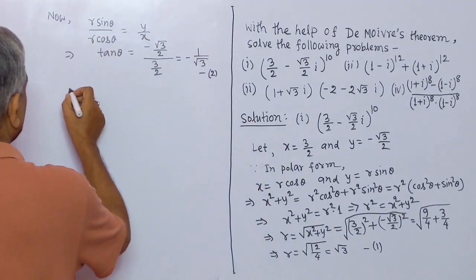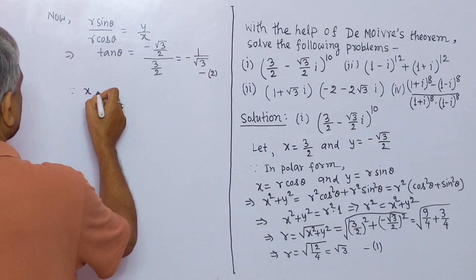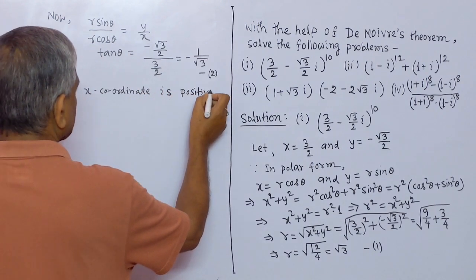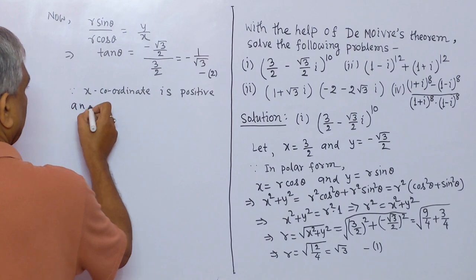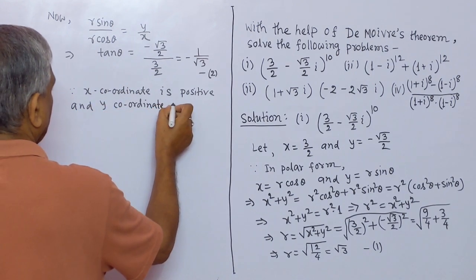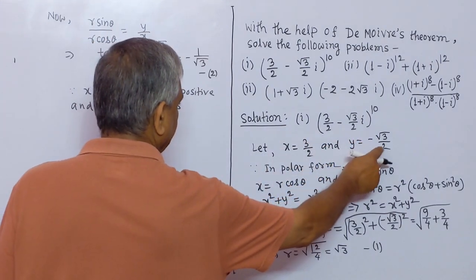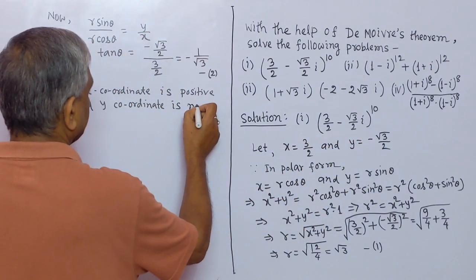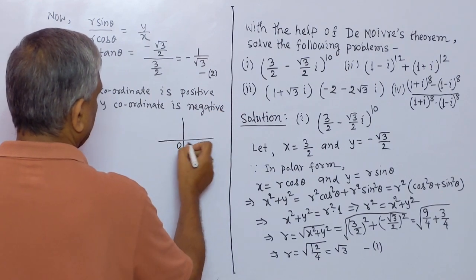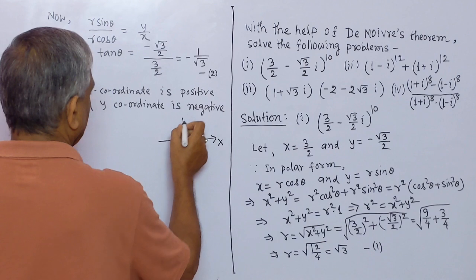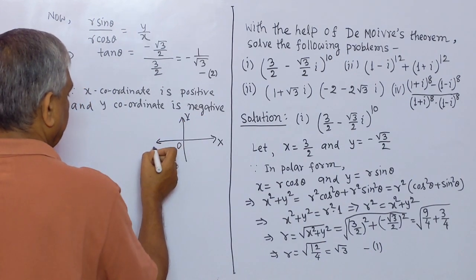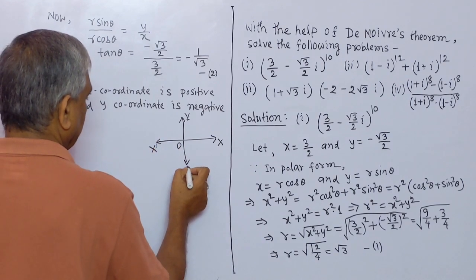Since the x coordinate is positive and the y coordinate is negative, here we draw the x axis, y axis, negative of x axis, negative of y axis.